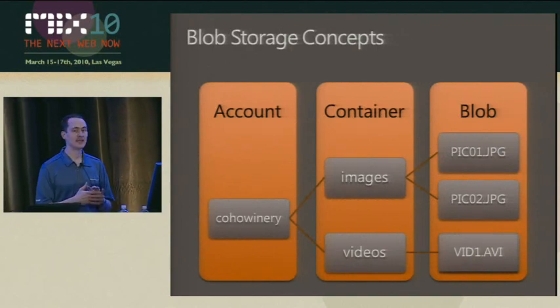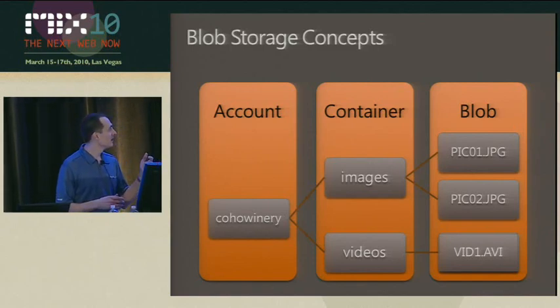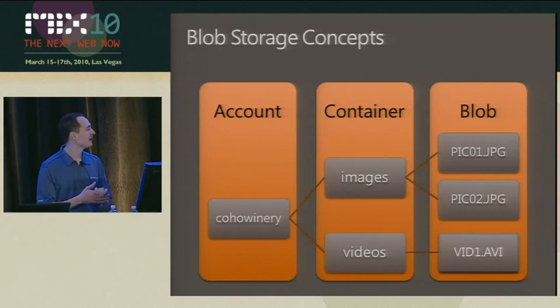So shown here are the data abstractions for blobs, where you have your storage account. In this example, I have a storage account called Coho Winery. And then you can create inside your storage account one-to-many blob containers. And then you store your blobs into those containers. So all blobs have to be stored inside of a container. Now, what the containers provide is a level of sharing or basically access permissions for the blobs in that container.